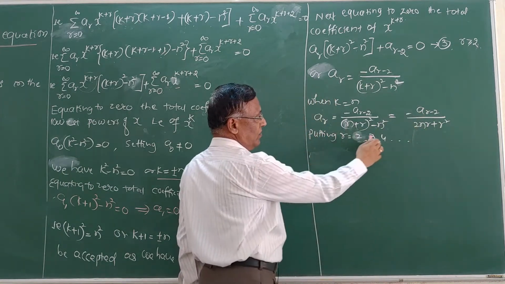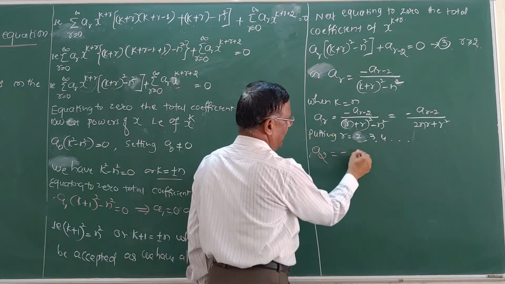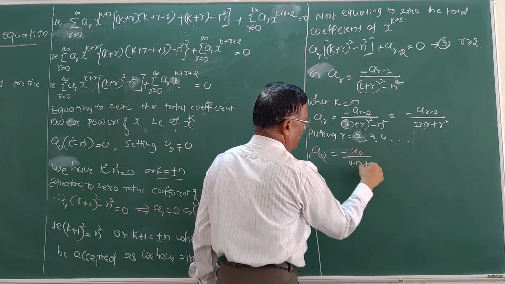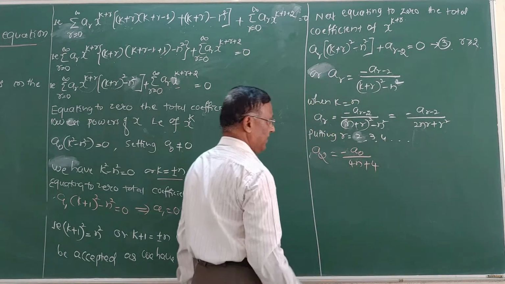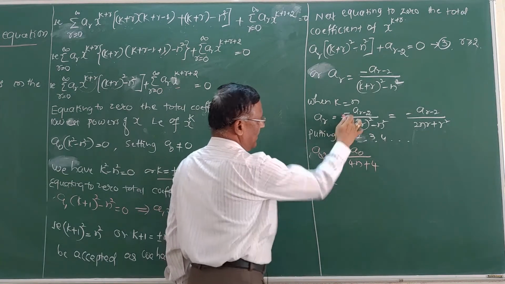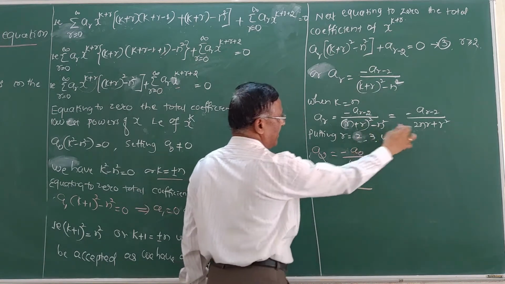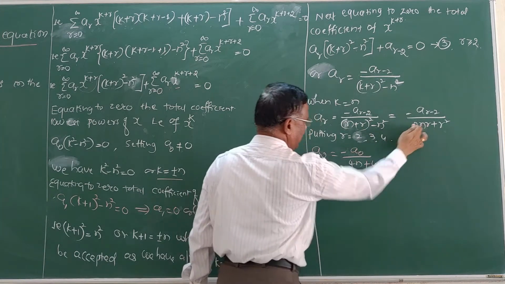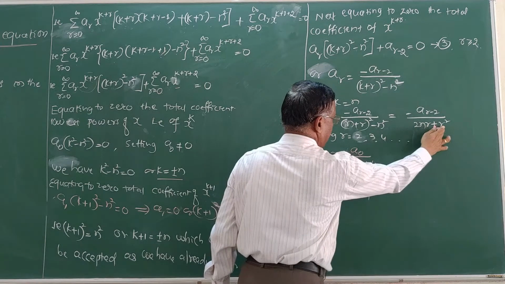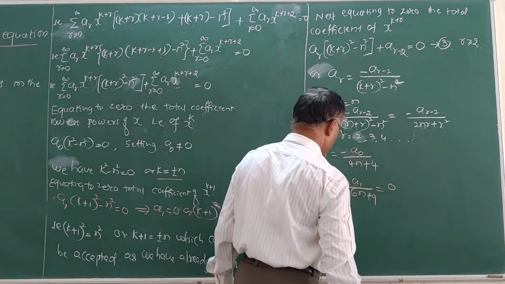Then putting r equal to 2, 3, 4 etc.: when r equal to 2, a2 equal to minus a0 divided by 4n plus 4. When r equal to 3, a3 equal to minus a1 divided by 6n plus 9. But a1 is already 0, so this is equal to 0.